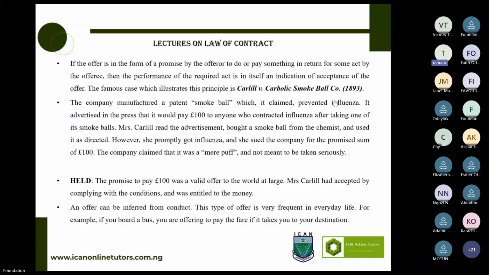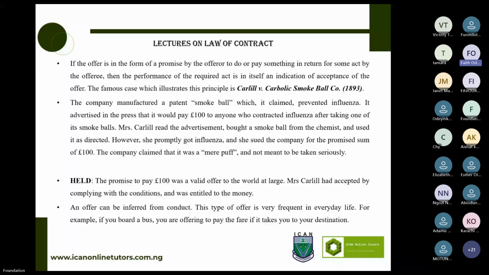Okay, sir. The company manufactured a patent smoke ball which it claimed prevented influenza. It advertised in the press that it would pay 100 pounds to anyone who contracted influenza after taking one of its smoke balls.